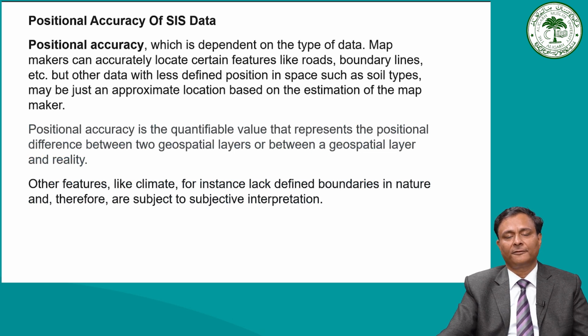Then another kind of error may be called positional accuracy. Positional accuracy is the quantifiable value that represents the positional difference between two geospatial layers, or between a geospatial layer and the ground reality. An example for this is the comparison of the location of roads in a feature class versus their location in any TIFF image, or JPEG image, for example.